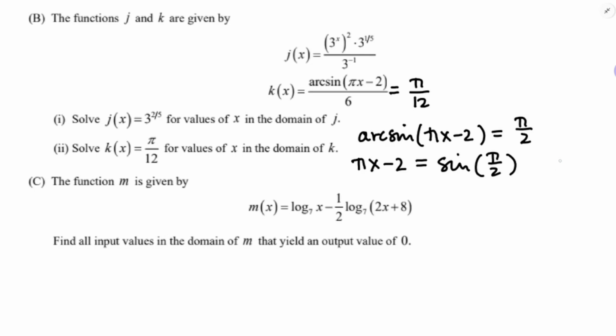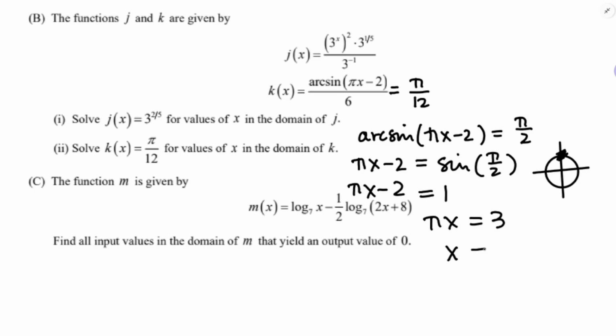I'm going to consult with the unit circle to evaluate that. Pi over 2 is up here, sine is the y-coordinate, that's going to equal 1. So I'm going to add 2 to both sides to get pi x equaling 2 plus 1, which is 3, and x is going to equal 3 divided by pi. And that's a unique solution because there's only one value of sine of pi over 2. So that one was interesting.